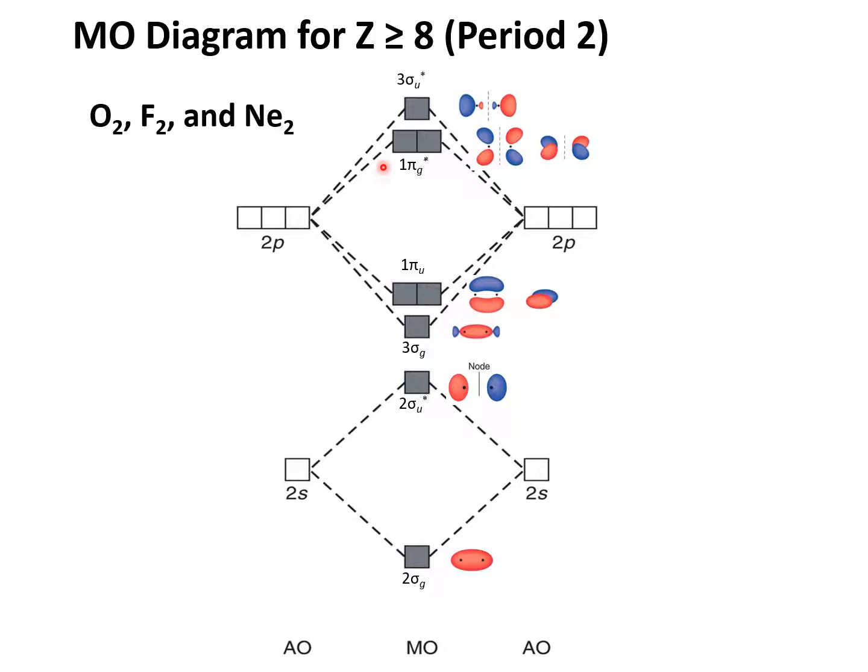Similarly, you'll notice we have two 1 pi g star antibonding molecular orbitals that also have the same energy and are degenerate. And the only difference between the 1 pi g star antibonding molecular orbitals is that they also are rotated 90 degrees with respect to one another. So this represents the complete molecular orbital diagram for oxygen, fluorine, and neon, which are all located in period 2.